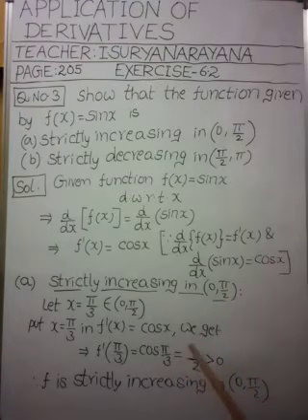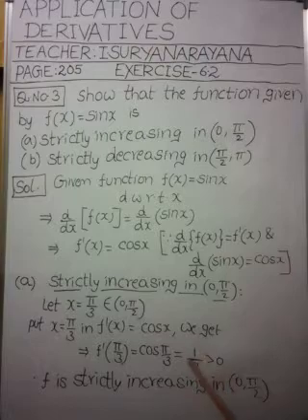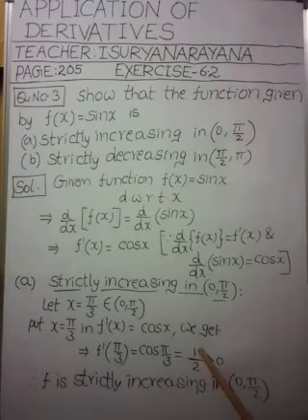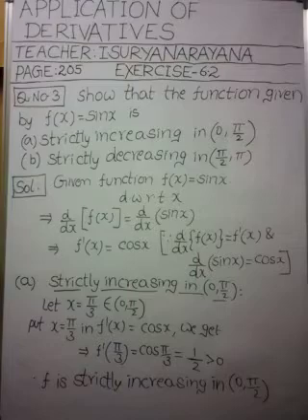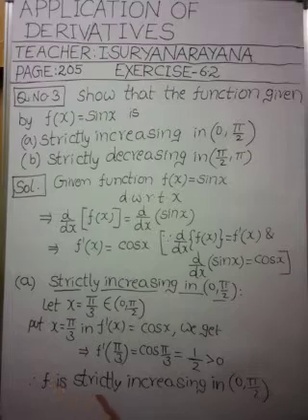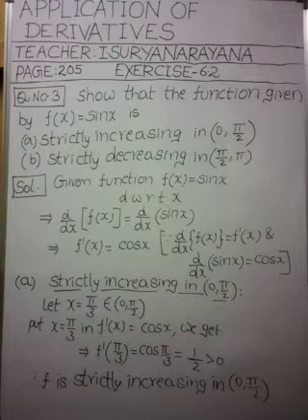Is this a positive number or a negative number, my dear children? Yes, it is a positive number, meaning it is greater than 0. So we got here f dash of x is greater than 0. Understood the point, my dear children? Right. Therefore, we can say that f is strictly increasing in the open interval 0 comma pi by 2. Understood these steps, my dear children?